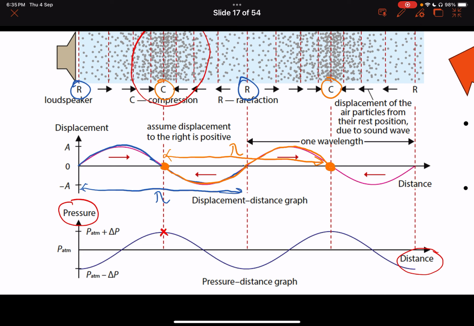And then how about the area where there's the rarefaction? Particles are getting away from it. So the air molecules over there will feel like there's no one squeezing me anymore. So the pressure over there will be a minimum.